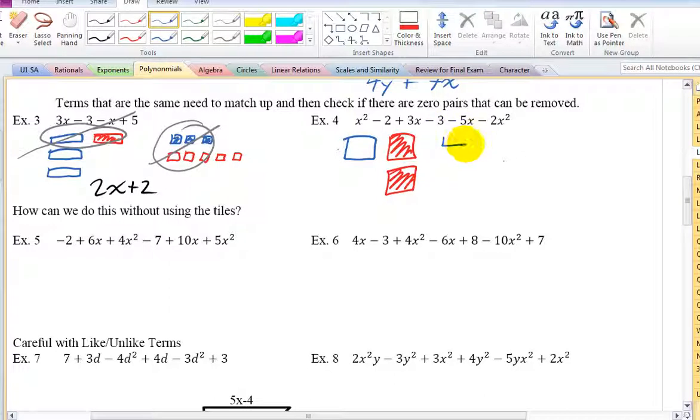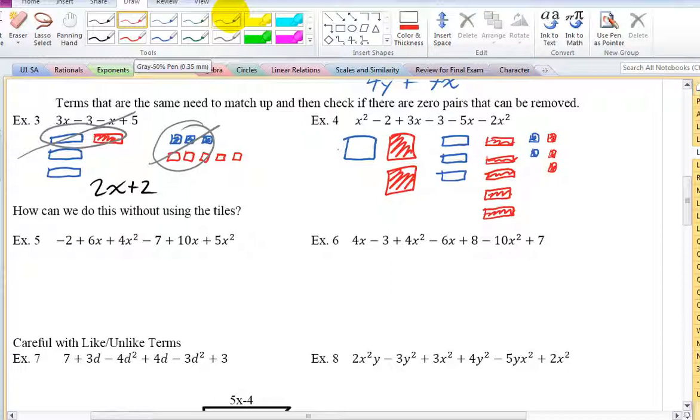Put them in a good order, right? Okay. Remove any 0 pairs you can.